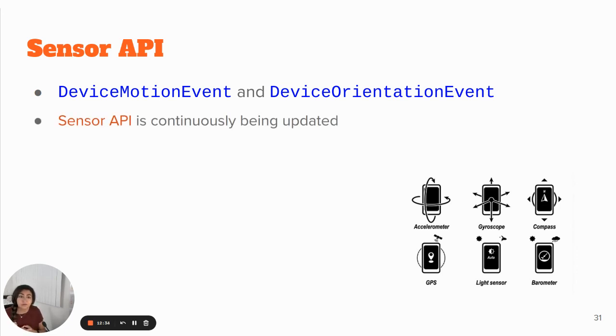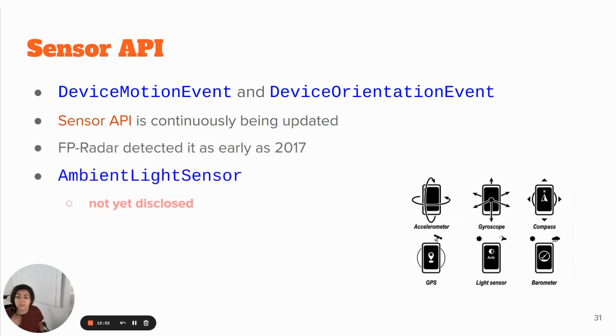Sensor APIs are a relatively new API, continuously being updated, and supported by Chrome, but not Firefox and Safari. FPRadar detects the use of a number of new features of the Sensor API, for example, the ambient light sensor, which returns the current level of the light around the hosting device, and it is not part of the old interface.